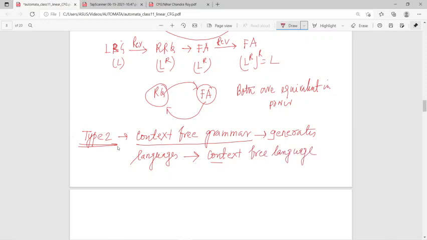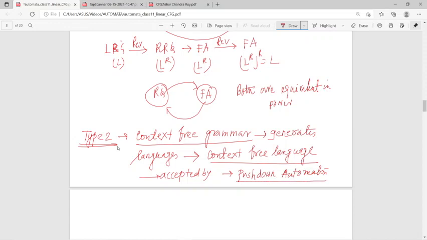And this context free language is accepted by an automaton, which is known as push down automaton.